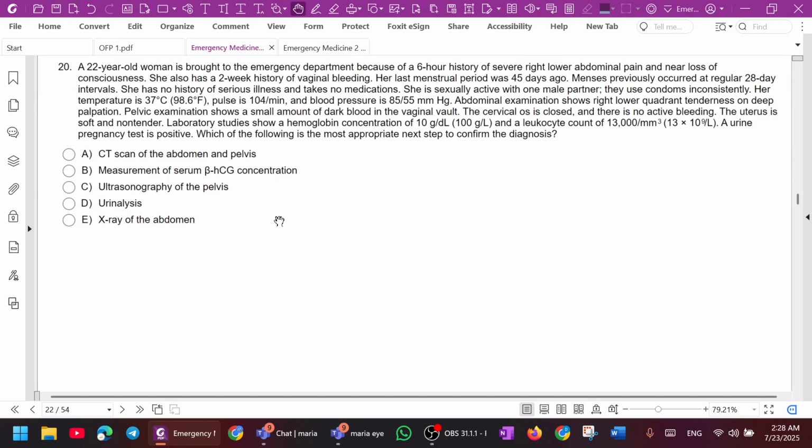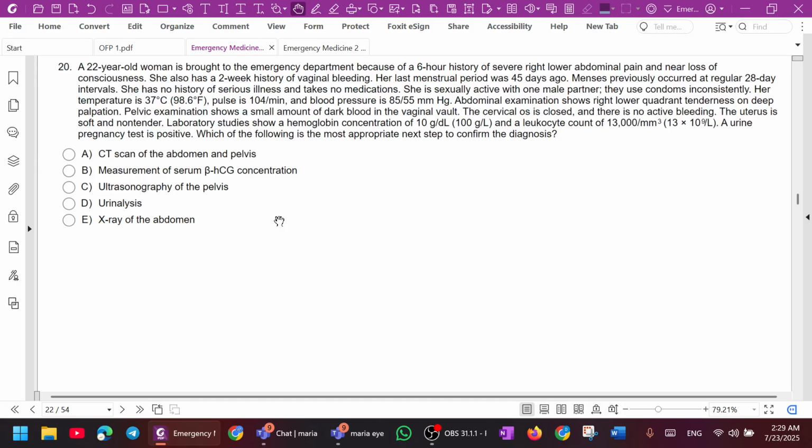A 22-year-old woman is brought to the emergency department because of a 6-hour history of severe right lower abdominal pain and near loss of consciousness. She also has a 2-week history of vaginal bleeding. Her last menstrual period was 45 days ago.